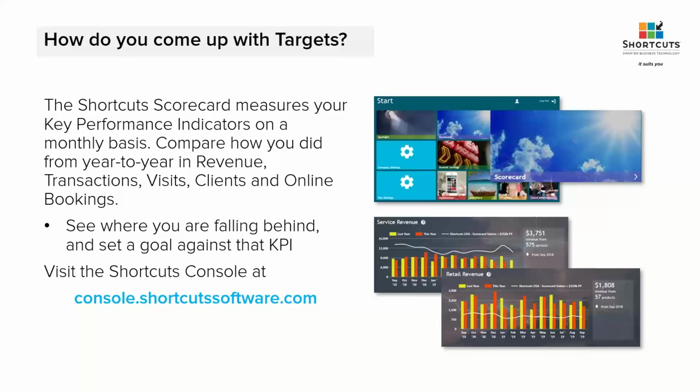If you're below the industry averages on a certain thing, such as your retail, maybe your staff really isn't adding any products to their tickets and you want to increase that, then you'll know approximately how far below your goal should be. Is it $100? Is it $1,000? Whatever that is. So use your scorecard to try to get a sense of where your business is and where your target should be.